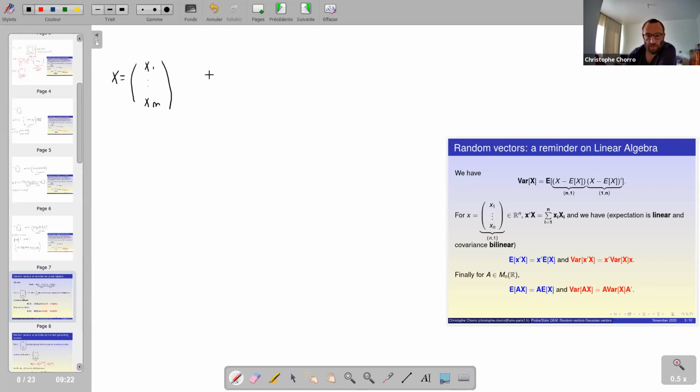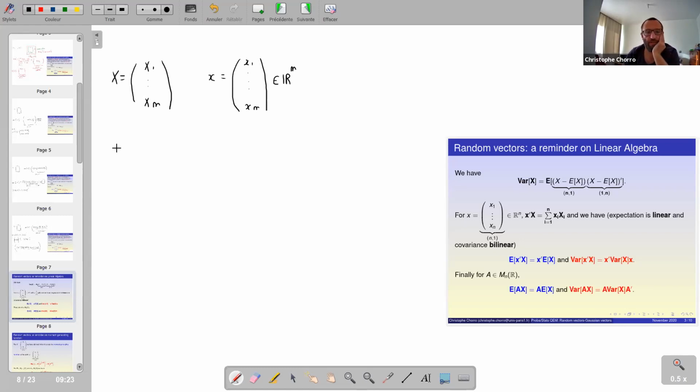So to do a linear combination, I will take coefficients. I will denote by small x the vector x1 to xn, where I don't have random variables inside, but just real numbers. I am in R to the power n here, okay?